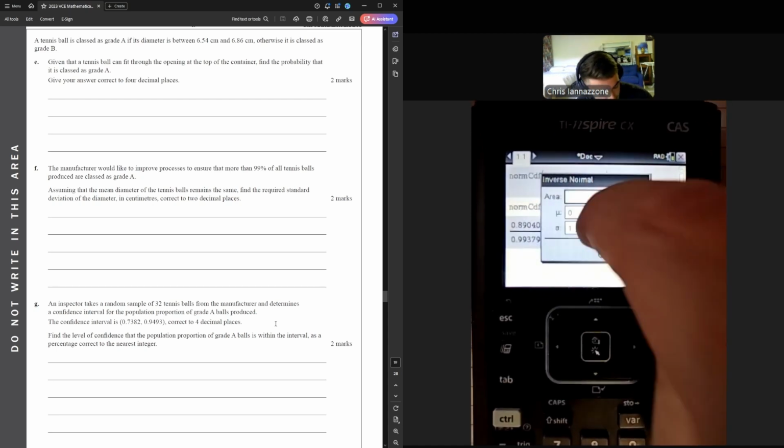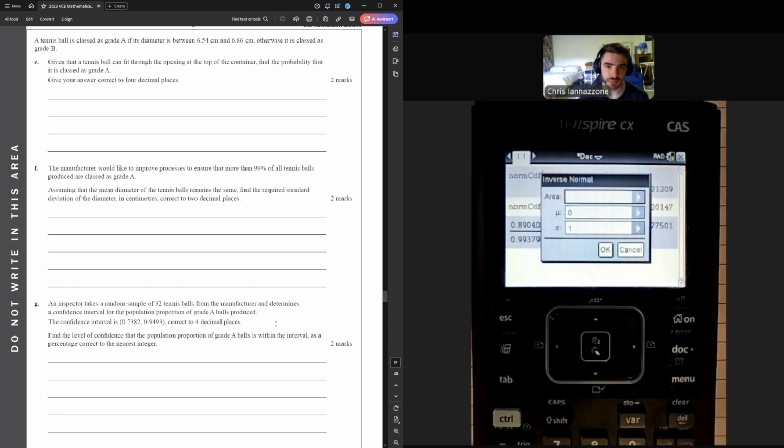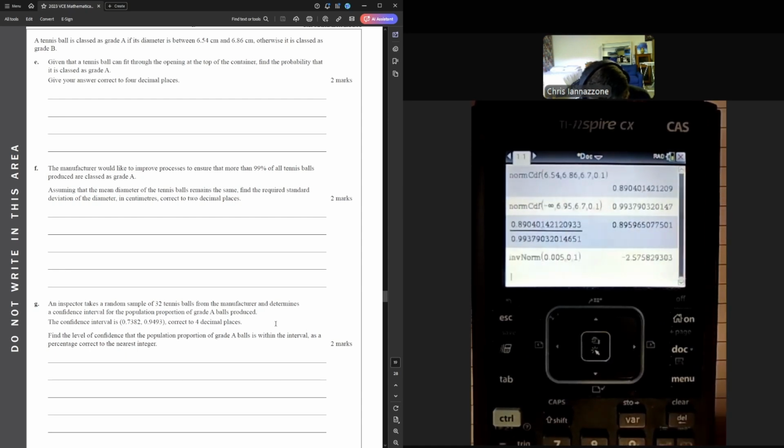We know mean has to be 0, standard deviation has to be 1 for the standard normal. That's what allows us to figure out our z value without necessarily needing to know the normal distribution's standard deviation. So for the area, we are looking for 0.5%, which means instead of doing 0.01, we're doing half of that. So 0.005. And that is going to give us negative 2.57 for our z value.